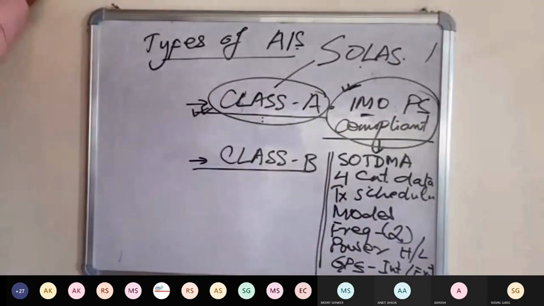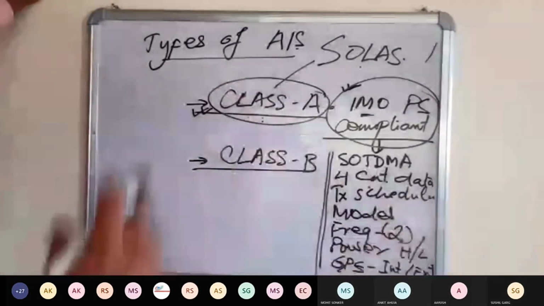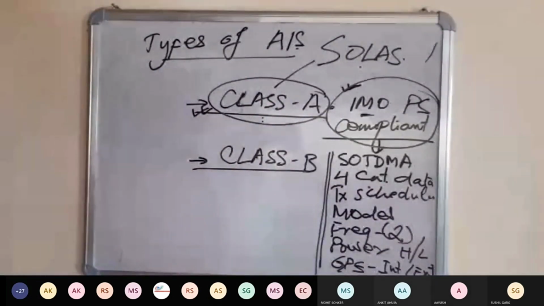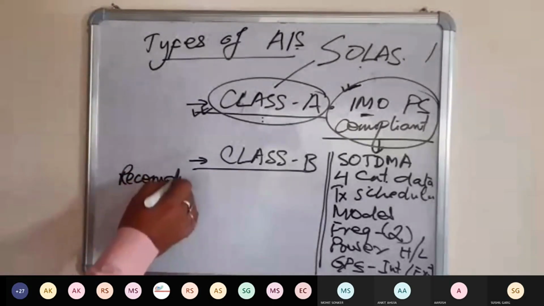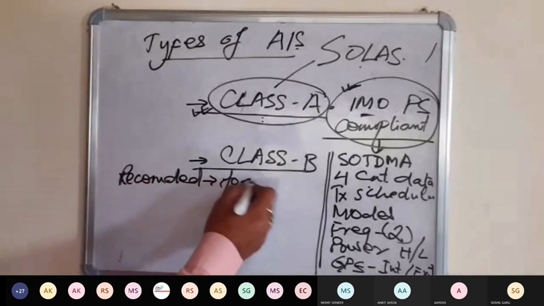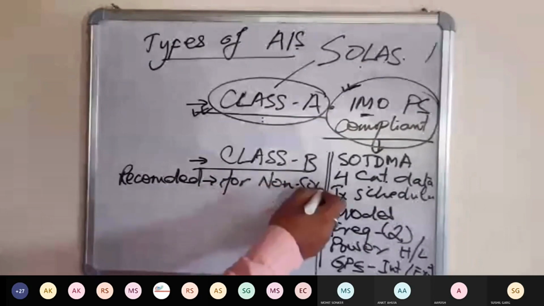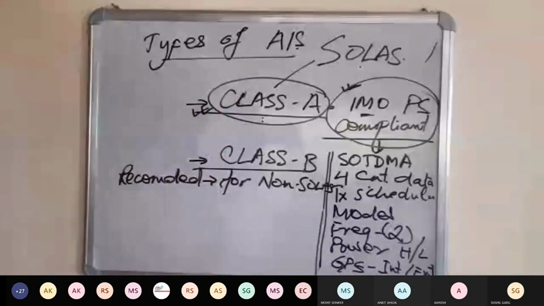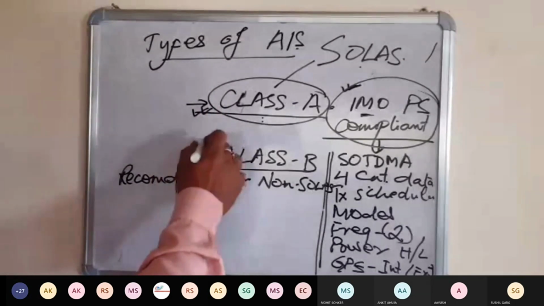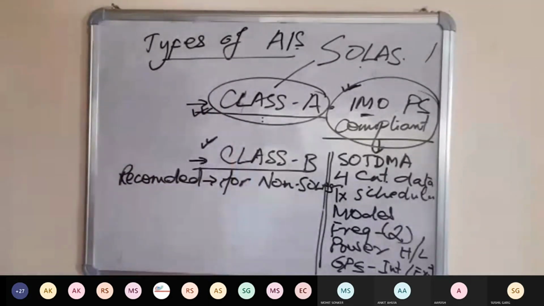Then what is class B? Class B is a smaller, cheaper version, and it is recommended for non-SOLAS crafts like fishing boat, dredger, pleasure crafts, all those kind of things which are not necessarily sea going and which are in the coastal area all the time, most of the time, but they are actually danger to navigation one way or the other.